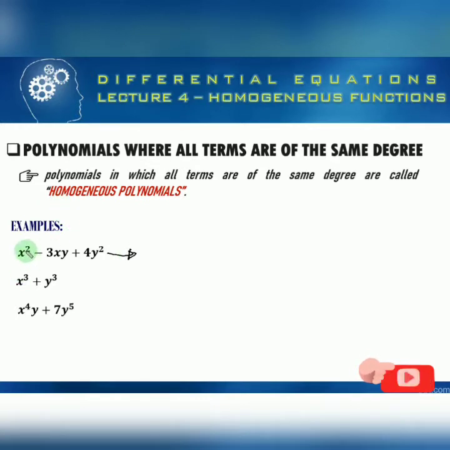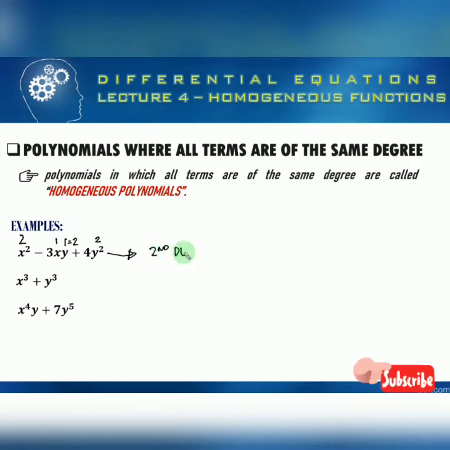In our first term, the exponent is 2, so the degree here is 2. For our second term, x has exponent 1 and y has exponent 1. If you sum these up, 1 plus 1 is 2, so the degree of the second term is 2 also. For the third term, we have y squared, so the degree is 2. So this is a homogeneous polynomial of degree, what is the degree? Second degree.